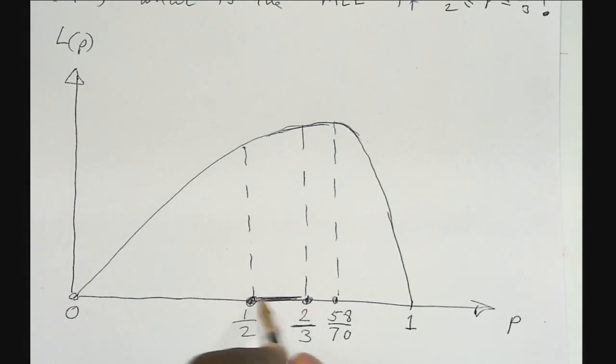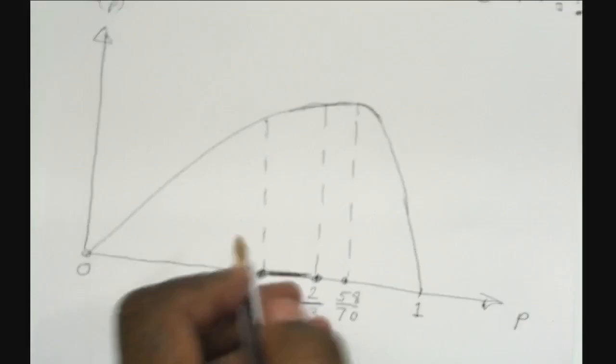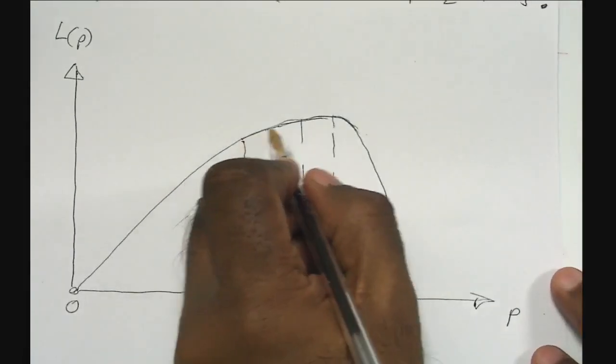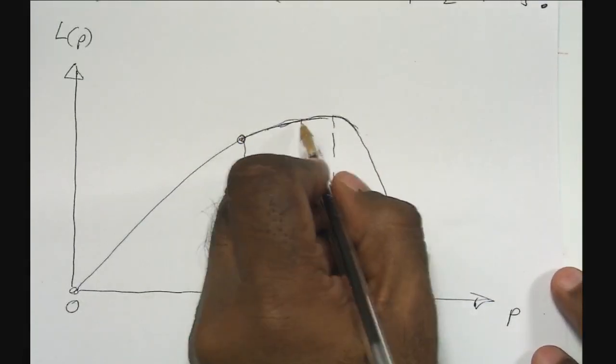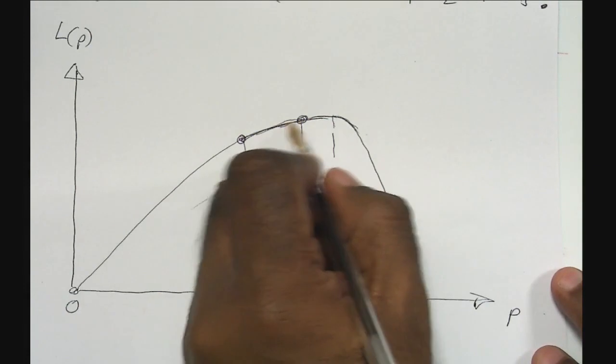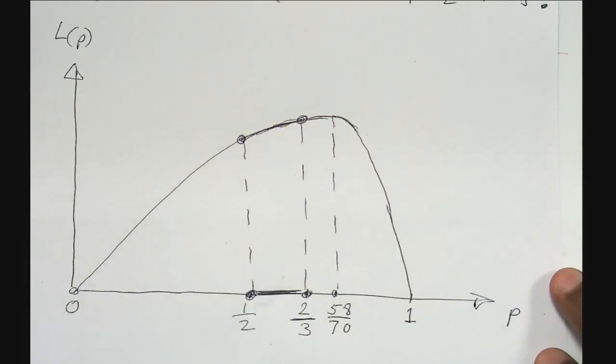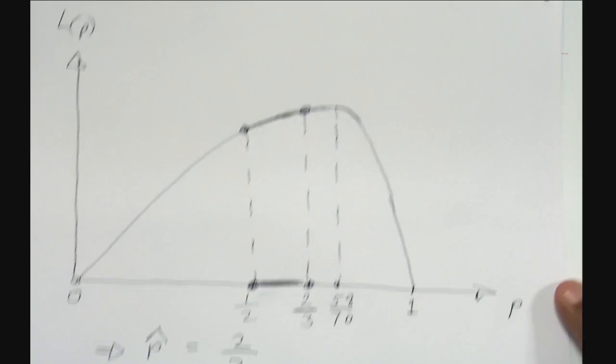So you want to find the largest value of the graph over the range from this point to this point. Over this range, what's the largest value of the graph, guys? It is at 2/3, right there. So it implies automatically that P hat is equal to 2/3.